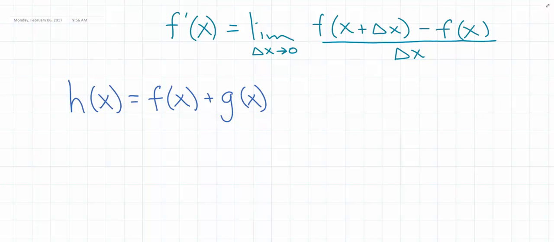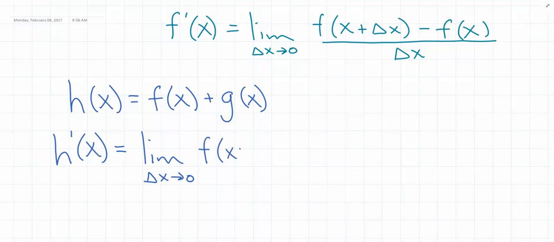If we have a sum of functions, notice that if I plug this into the difference quotient, I would have h of x plus delta x. Well, h of x plus delta x is going to be f, not h, but delta x. I forgot we were using that.